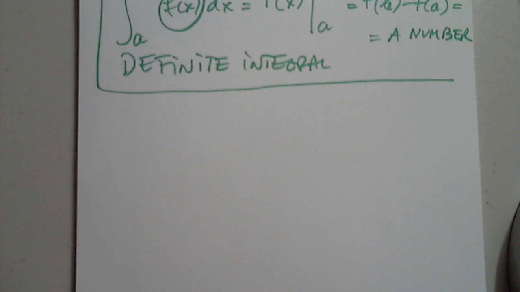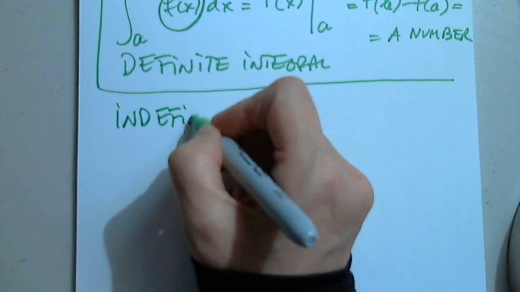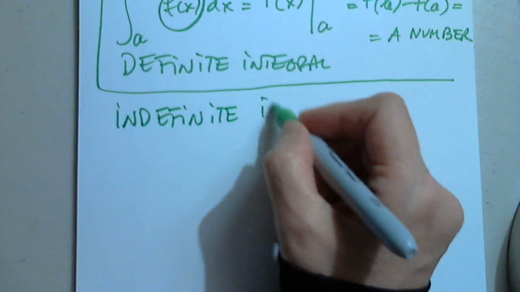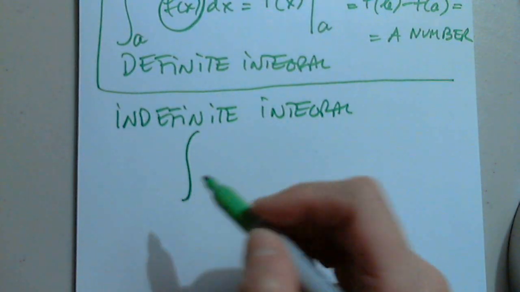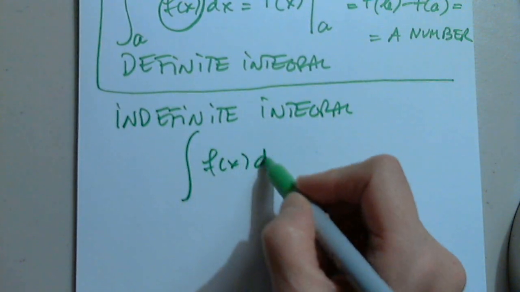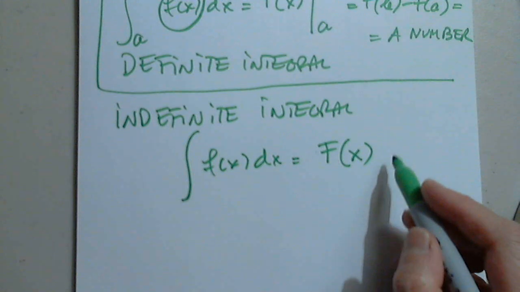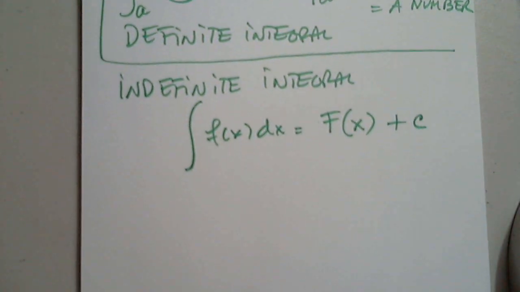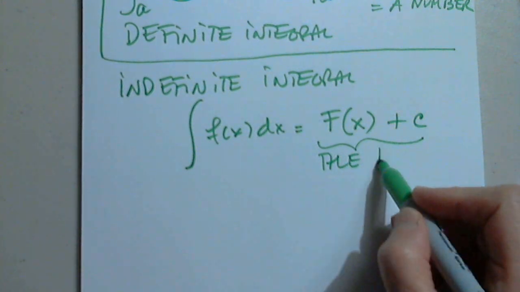Okay, there is another type of integral called indefinite. The indefinite integral of f of x dx is the uppercase F of x, the antiderivative, plus a constant C. So this is the most general antiderivative.